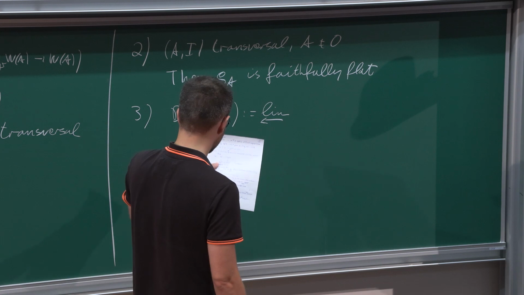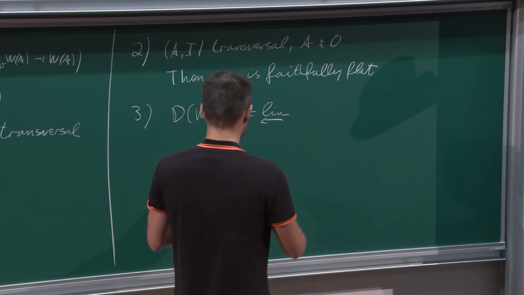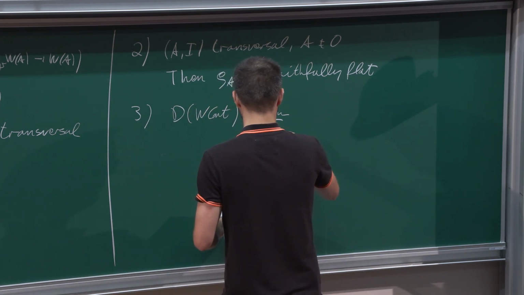Okay, and so what do quasi-coherent sheaves on this Cartier-Witt stack look like? So first of all, what is their definition?